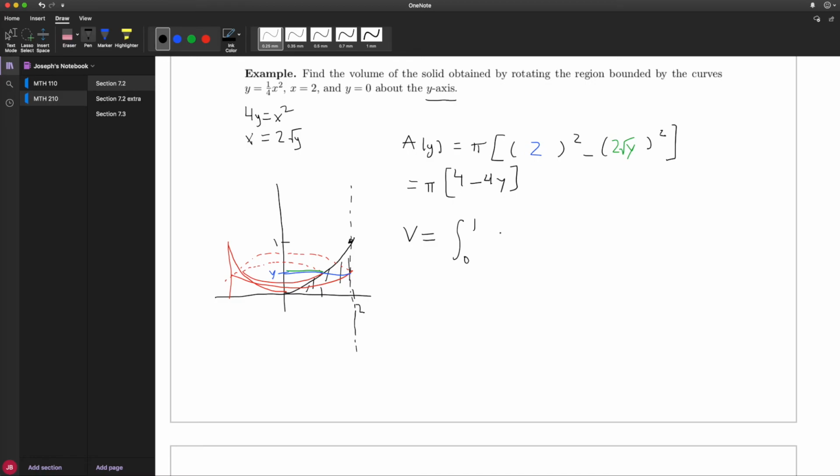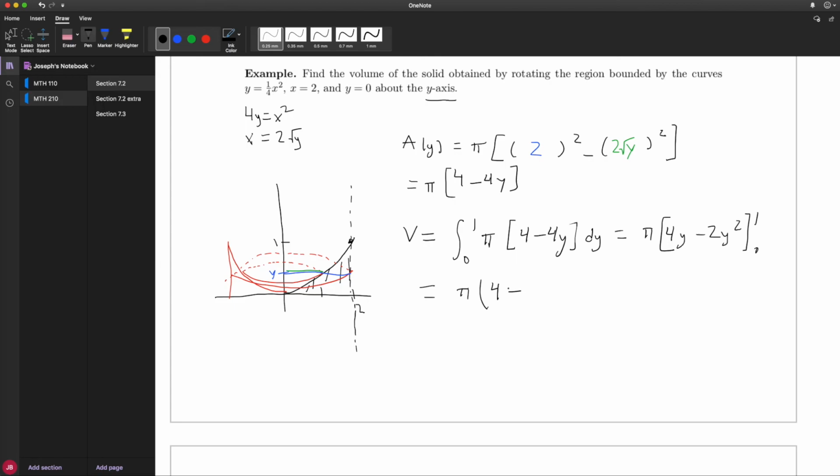So pi, 4 minus 4y dy. And what we observe is that the antiderivative is 4y minus 2y squared. We evaluate from 0 to 1. So plugging in 1, we're going to get 4 times 1 minus 2 times 1 squared.